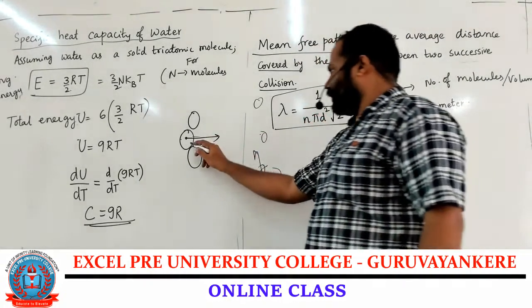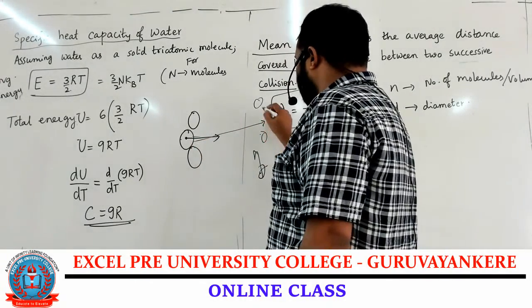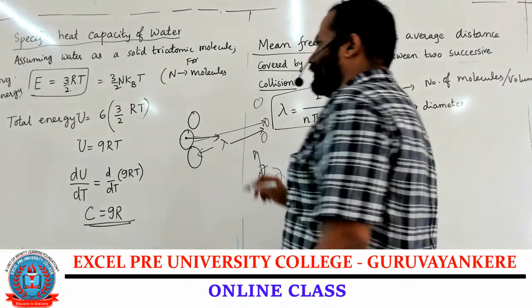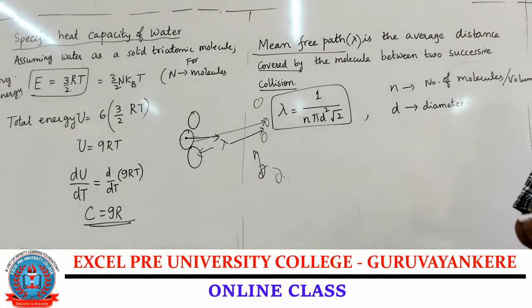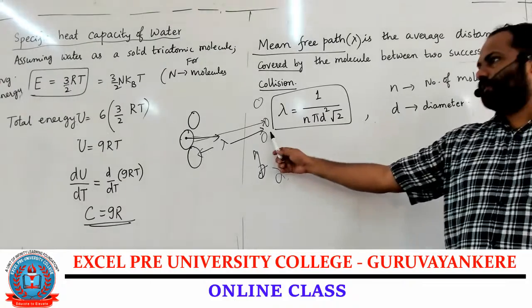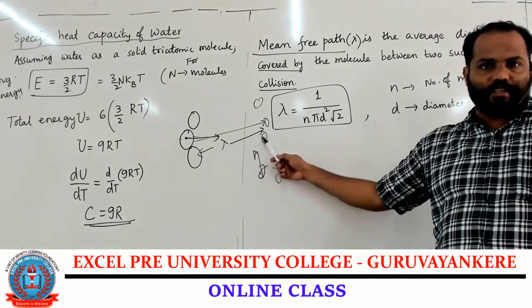Suppose after this collision it moves in this direction, then it collides. Then this is the distance. You cannot always have the exact distance; it will only be the average distance. Is that clear?